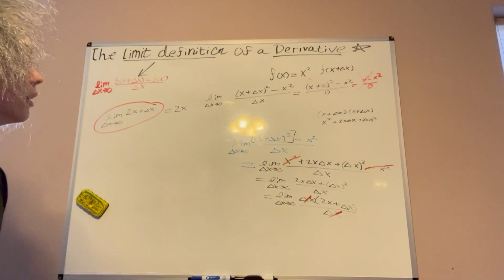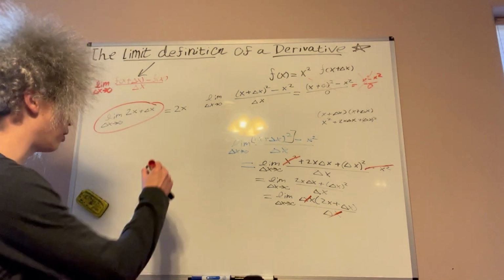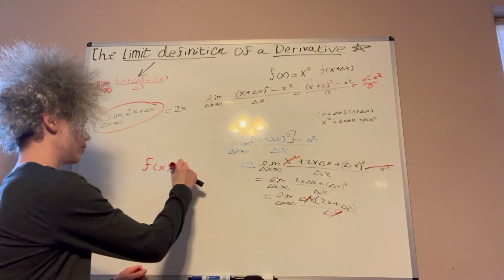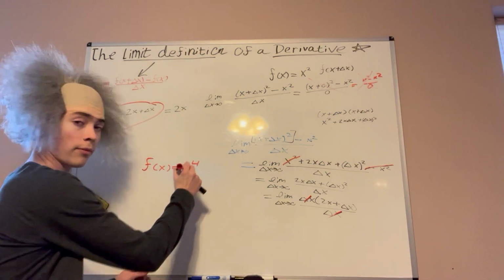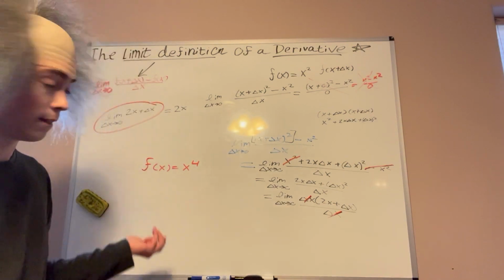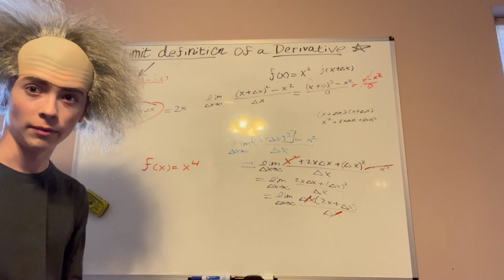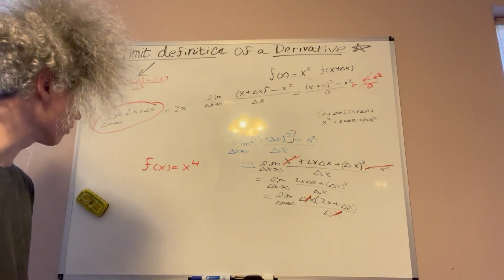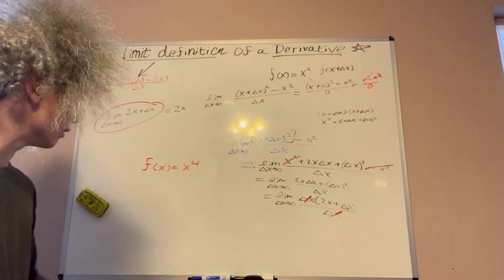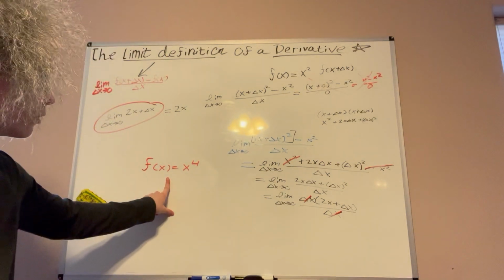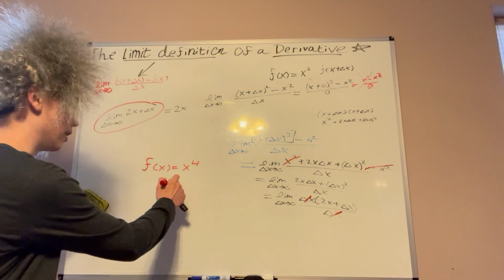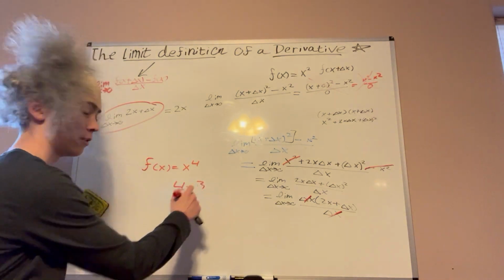And so you get 2x, and you'll start to see a pattern here. If I were to go all the way back and say f of x equals x to the 4th, I can tell you, because I've done my fair share of calculus, that's why I'm here teaching this, I'd like to share all this knowledge with you guys, that if we were to do this whole limit of the difference quotient for this function, we're going to get 4x cubed.